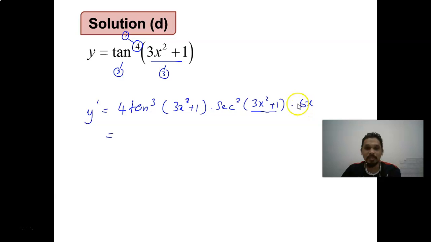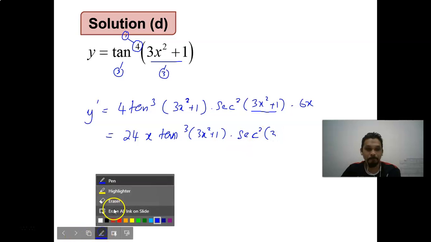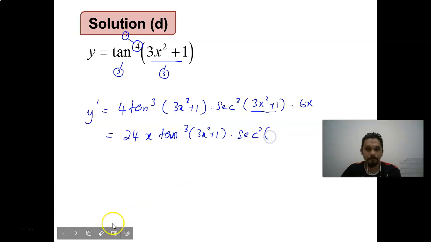Okay, 6x times 4, 24x, then tangent cubed of 3x squared plus 1, then secant squared of 3x squared plus 1.